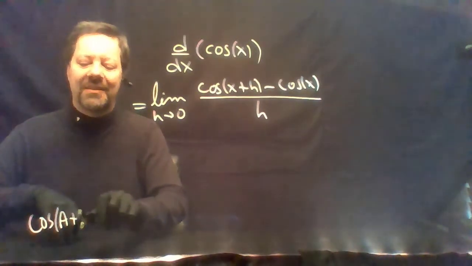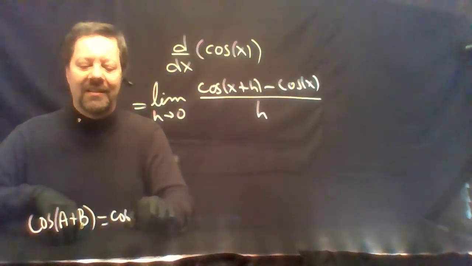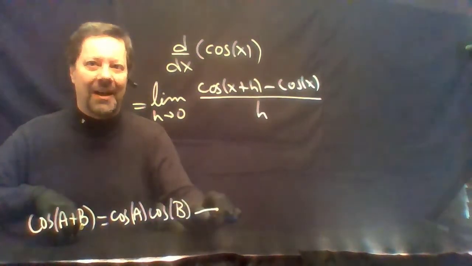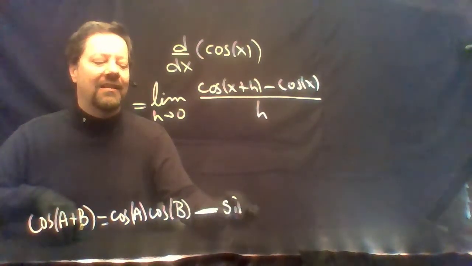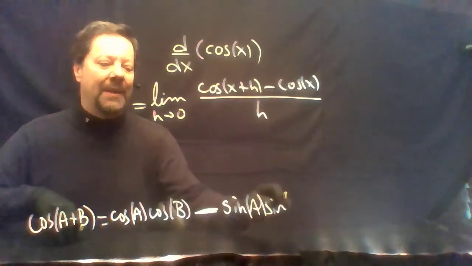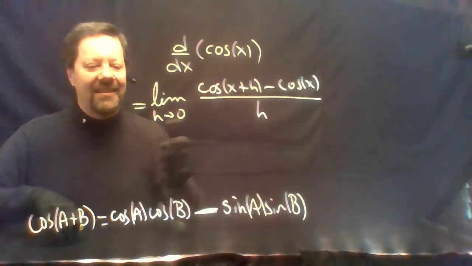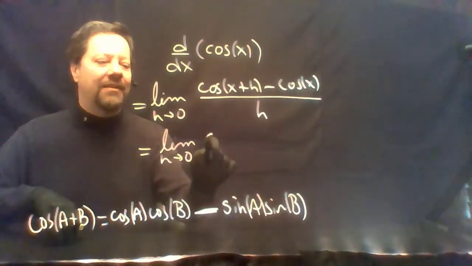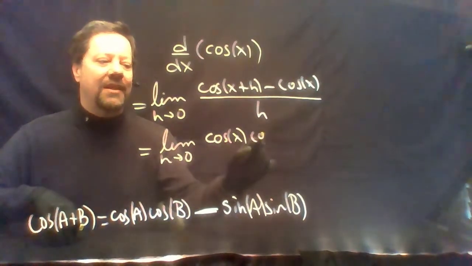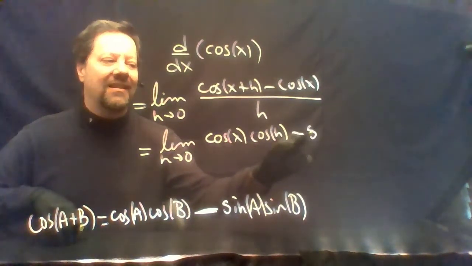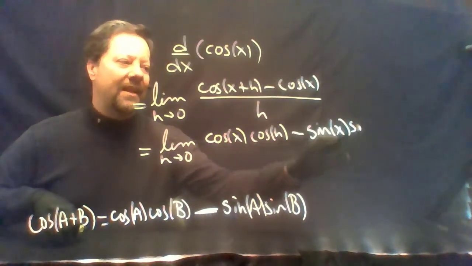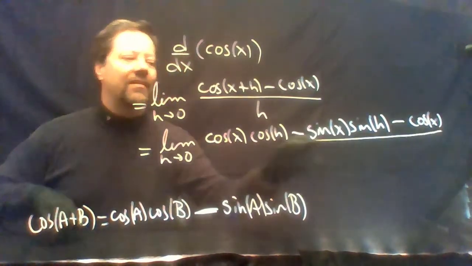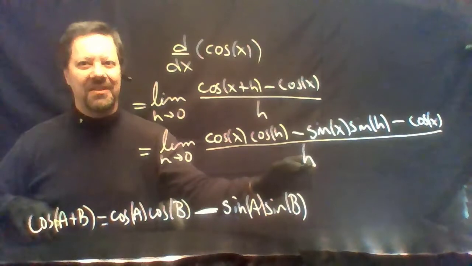The cosine of a plus b is the cosine of a times the cosine of b minus, you always get the opposite sign here, the sine of a times the sine of b. So for us, that's the limit as h goes to 0 of the cosine of x times the cosine of h minus the sine of x times the sine of h minus cosine of x, all over h.